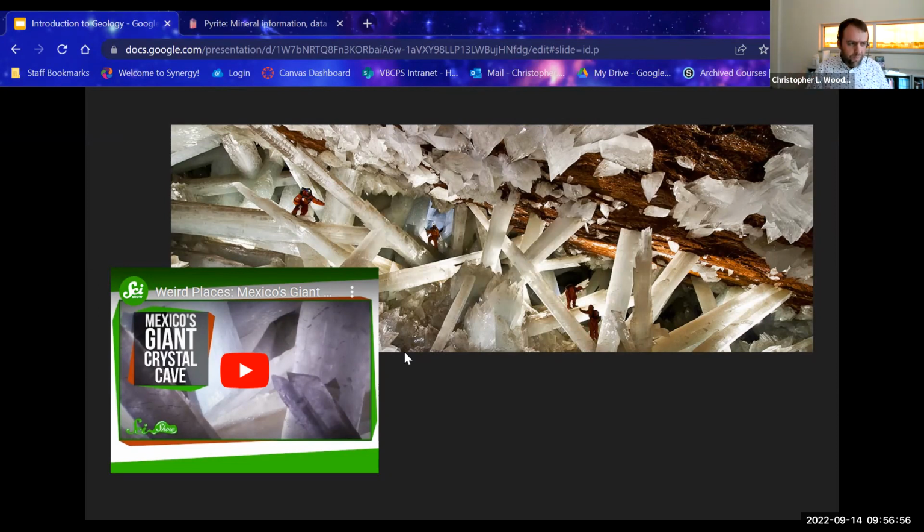They're looking for silver. They go into a new opening, and you can see the picture here. That's what they found. Those are huge, huge, huge crystals of selenite. If you're familiar with Superman's Fortress of Solitude, that's the natural example. These are not very expensive minerals.